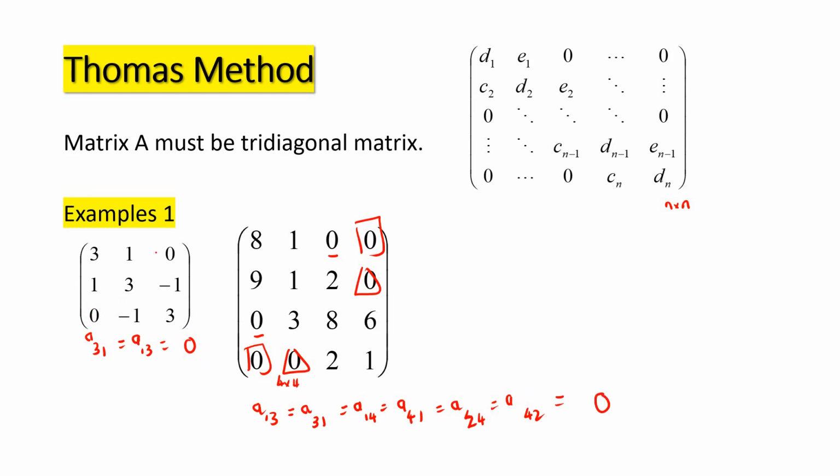So if 3 by 3, only A31 and A13 are 0. For 4 by 4, A13, A31 symmetric, A14, A41, A24, A42 must be equal to 0. So this is tridiagonal.